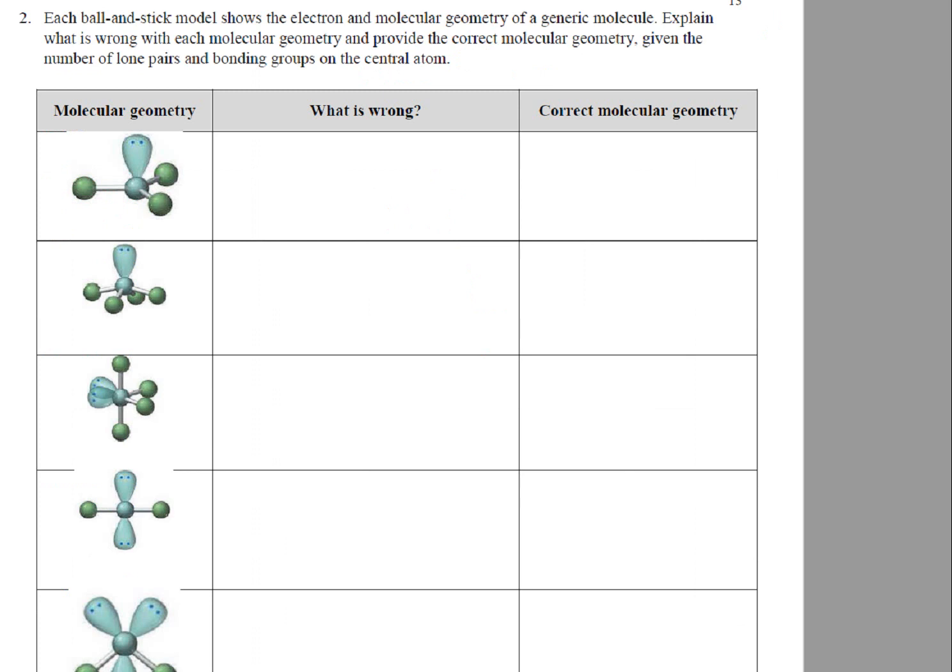The question may seem difficult to you, but it's very simple. Here, you are given the ball and stick model, and there are some mistakes in the molecular geometry. We need to see what is wrong and correct the molecular geometry. Here, it seems to be of the type AX3E.